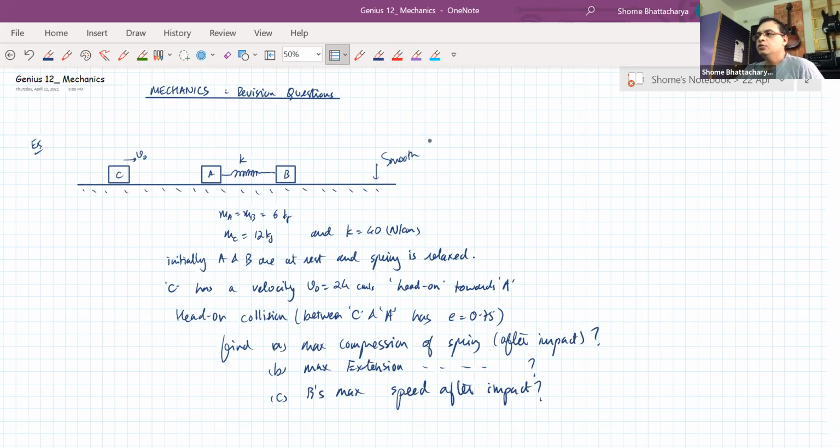If you're not remembering the formula for 1D head-on collisions, just take a quick look at it, that m1, m2, u1, u2 kind of formula with coefficient of restitution. This is a very standard JEE Advanced type of question.